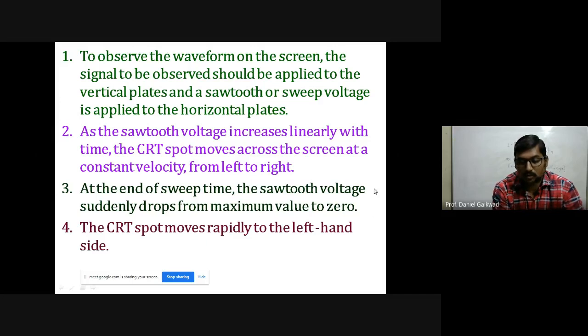Now if the voltage is 0, what happens? Check carefully the fourth point. The CRT spot moves rapidly to the left hand side, and at that time the spot is not visible. So the spot is only visible from left to right, and from right to left it is invisible, and that happens very fast.